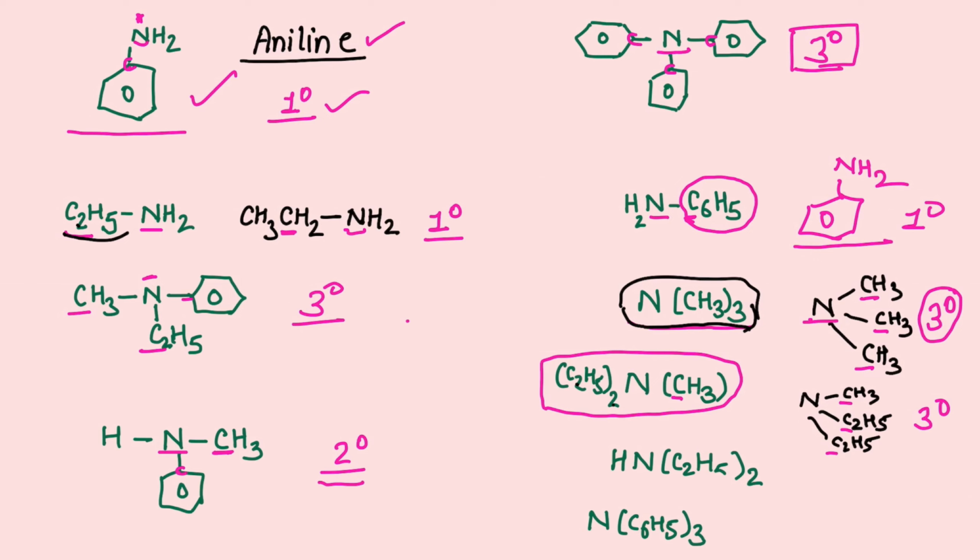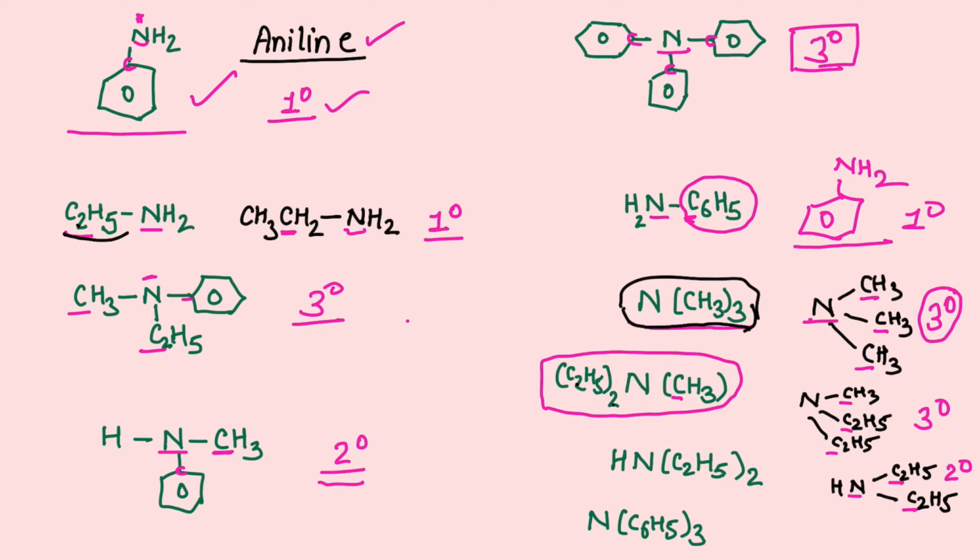Now in another case, it is C2H5, nitrogen. If I elaborate this form, there are 2 C2H5 groups directly attached to the nitrogen. You can see nitrogen is attached to 2 carbons immediately, so its degree would be 2 degree.